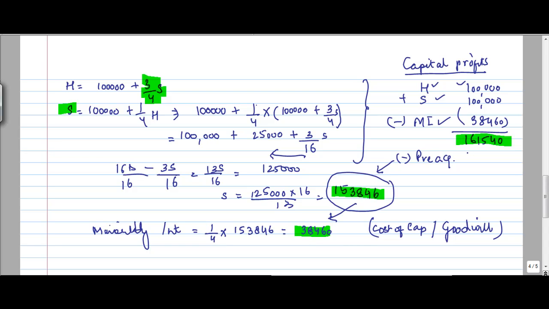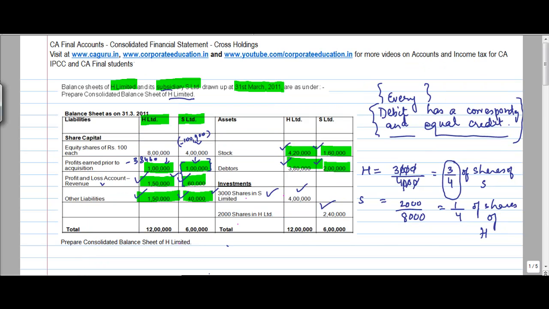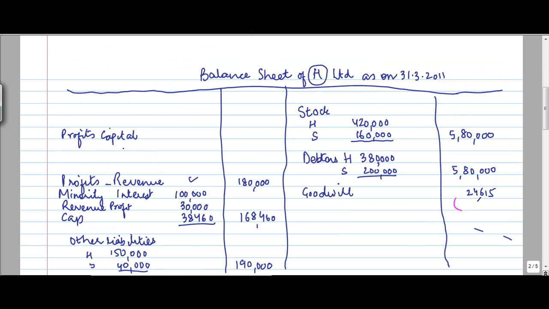And how much was that number? That number was 115,385. Once I do this, what I'm left is 46,155. So this is the number of capital profit which has to come in the consolidated number. 46,155.